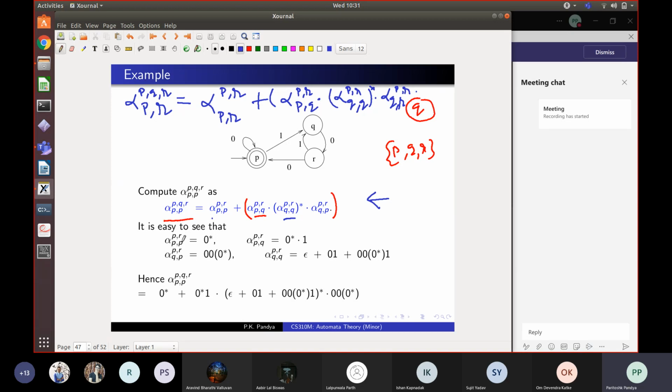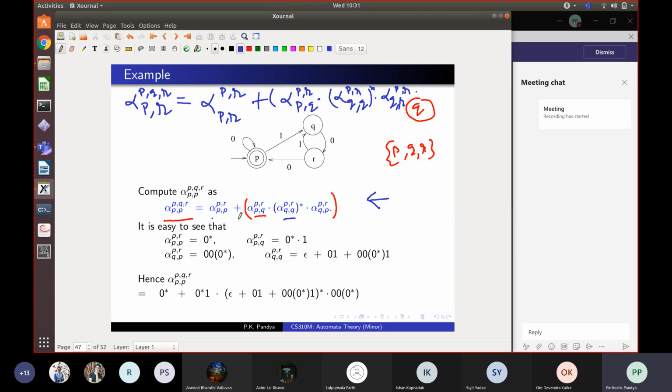So alpha PP with PR is 0 star. I'm not applying the rule there, I'm directly getting it. Actually, we should apply the rule, but I'm just guessing this. So alpha PP going via the set of intermediate states PR will directly give me 0 star.